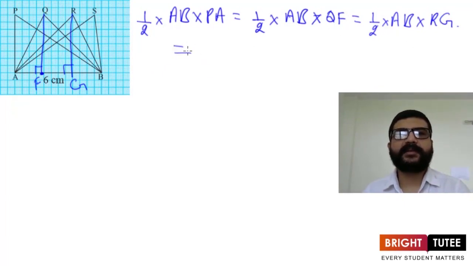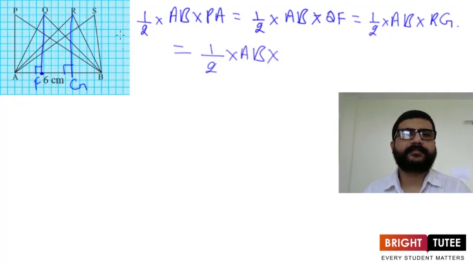And now this will be equal to half into AB into the perpendicular we have to draw from S now. It will be like this. Let us say it is SX. So half into AB into SX. And we know SX is equal to PA only.